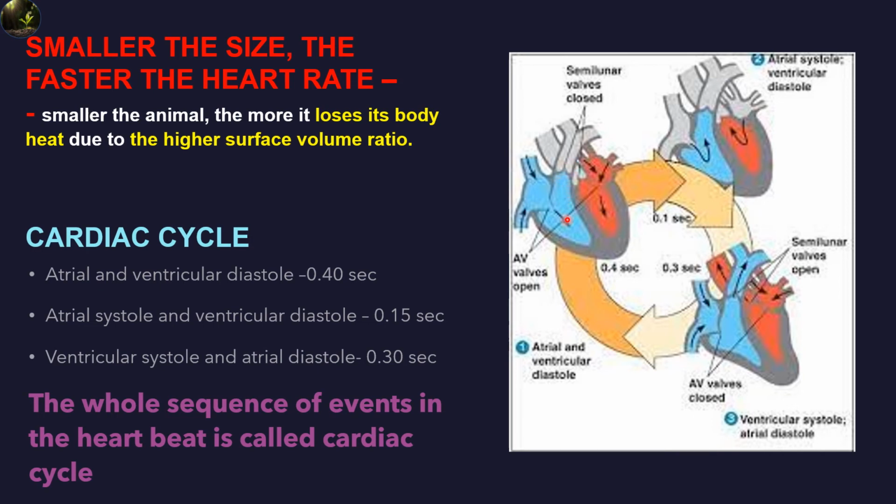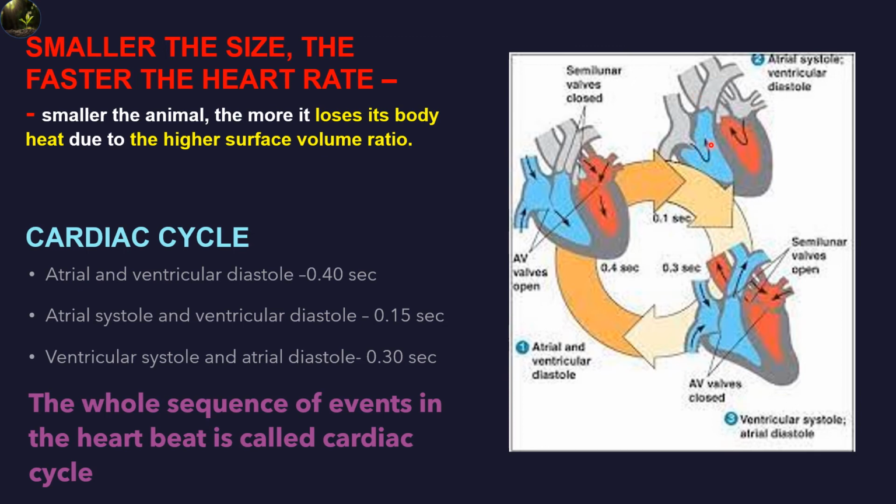Then the other stage is ventricular systole. Ventricular systole and atrial diastole last 0.30 seconds. At the time of ventricular systole, which valves will close? Yes, the tricuspid and bicuspid valves will close. Then the blood will enter into the pulmonary artery and aorta.